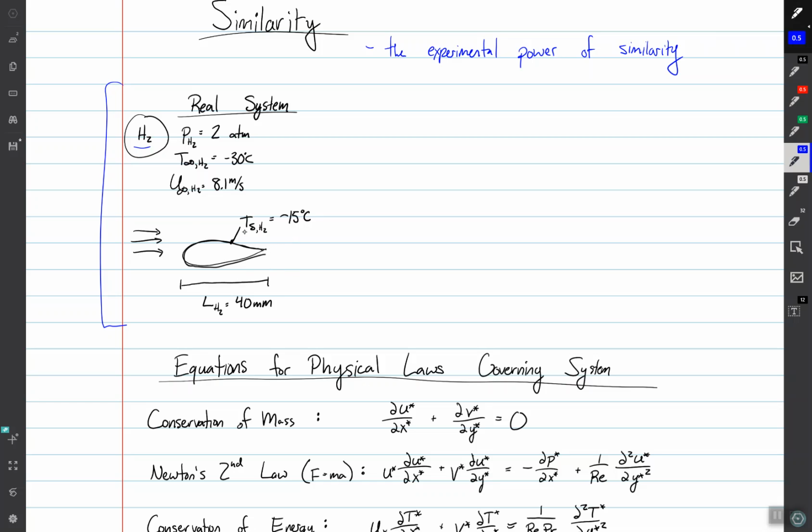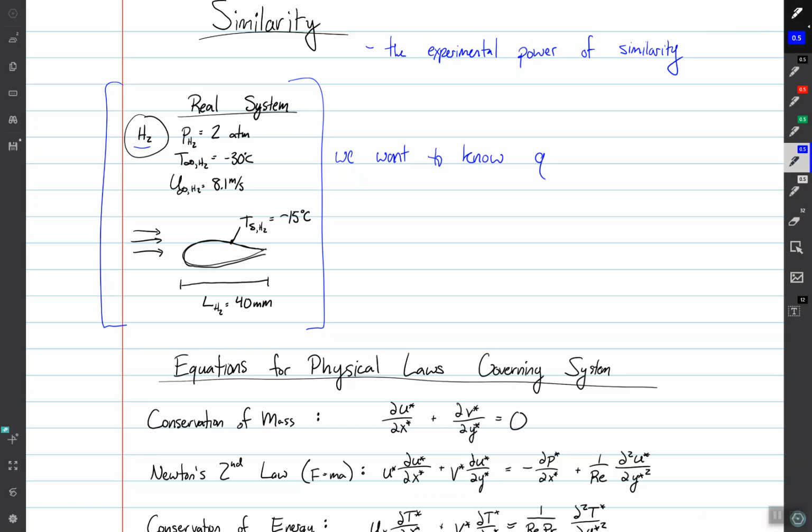We need the surface temperature to be minus 15 degrees. But we want to know, in this kind of weird, goofy situation, I don't know what we're designing here, something, we want to know Q. We want to know the heat transfer.